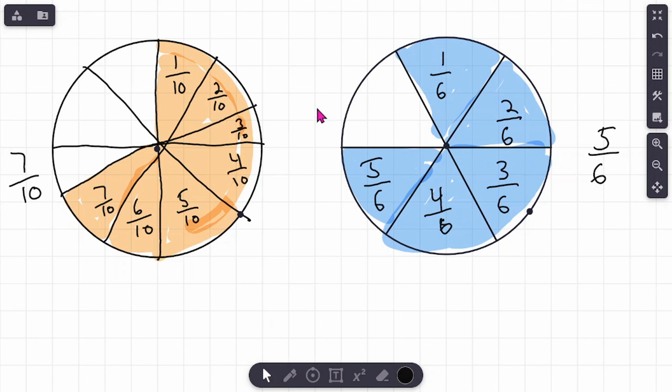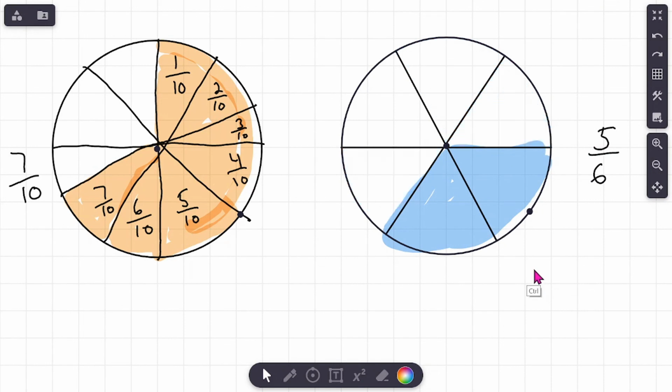I'm actually going to show you what I did. So I erased what I had up here that looked like this. And the reason I erased that is because, notice on my model on the left, I started coloring and I went to the right. I started right up here at the top. Notice over here, I started over here on the left on this fraction model.